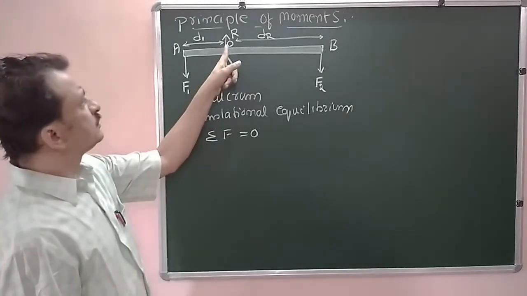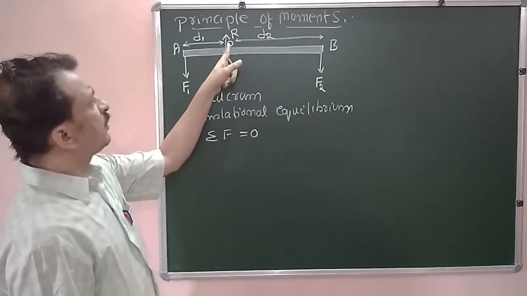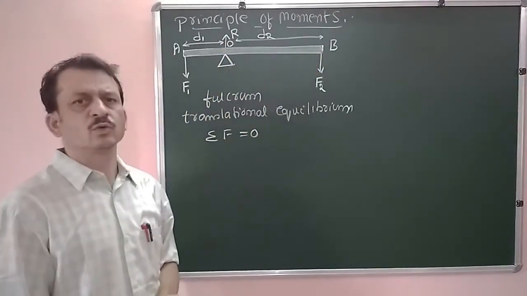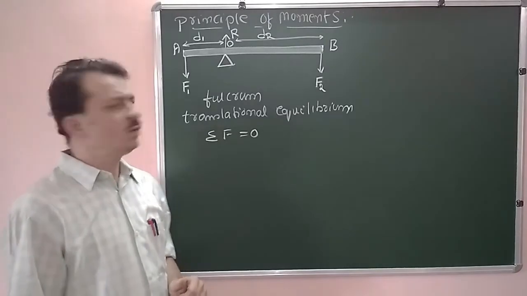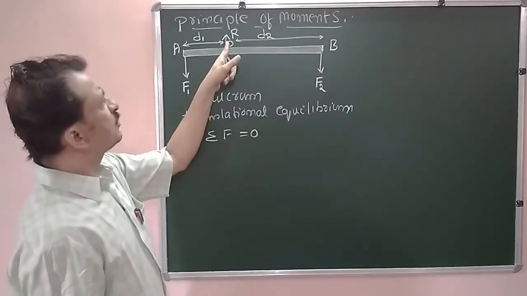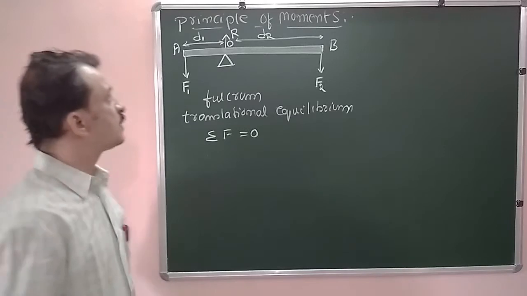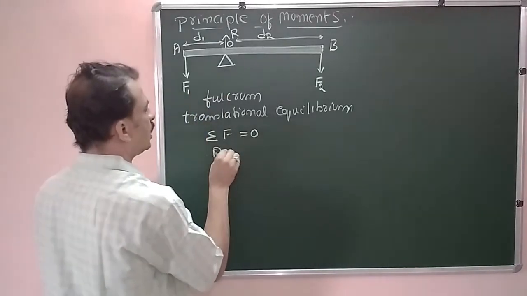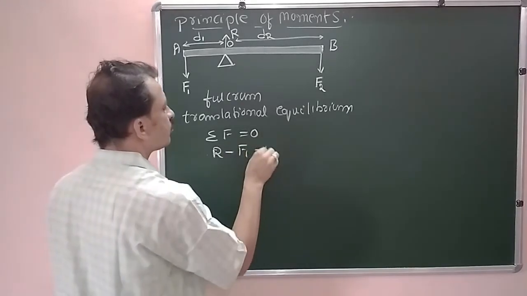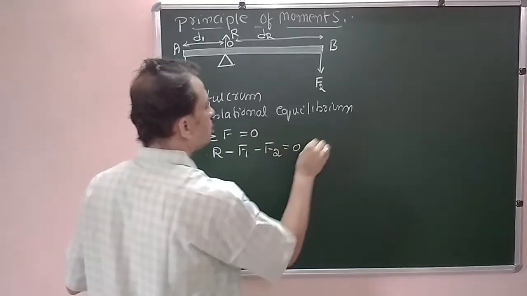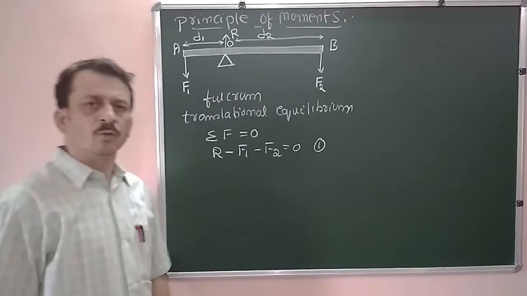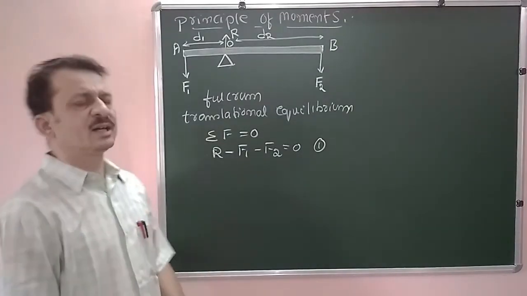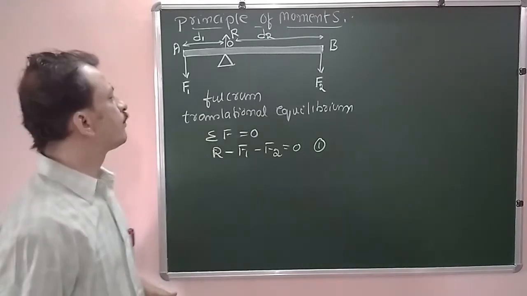Here the force F1 is acting downwards and F2 is also acting downwards. They are taken as negative. The reaction force is acting upwards. It is taken as positive. Therefore, the vector sum of all the forces is minus F1 minus F2 plus the reaction equal to 0. Call this equation 1. If this is the case, then the lever is in translational equilibrium.